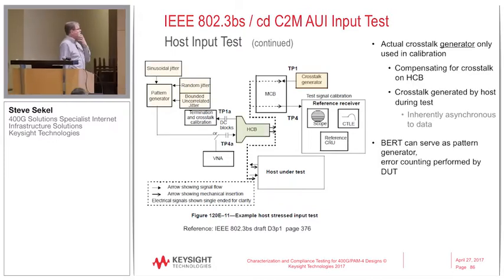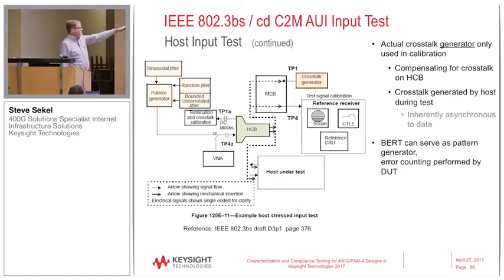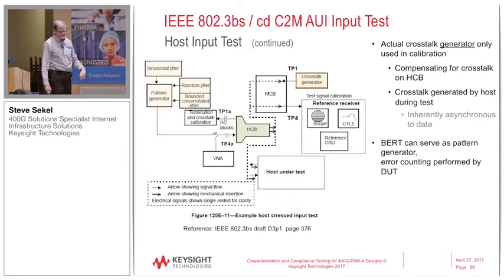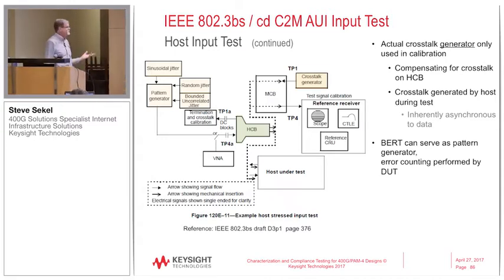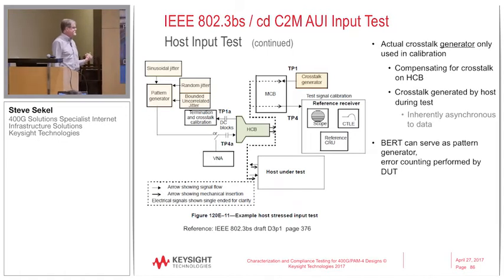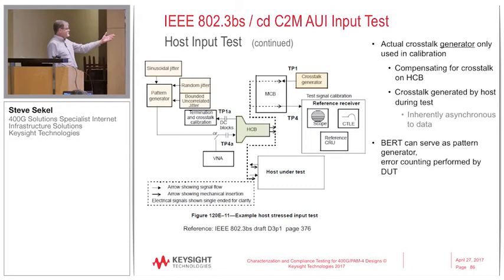So the crosstalk is actually generated during the test, and it's inherently asynchronous to the data. And that's specified in all of the standards. All the 400G class standards specify that the crosstalk has to be asynchronous to the data clock. Okay, a BERT can serve as a generator.